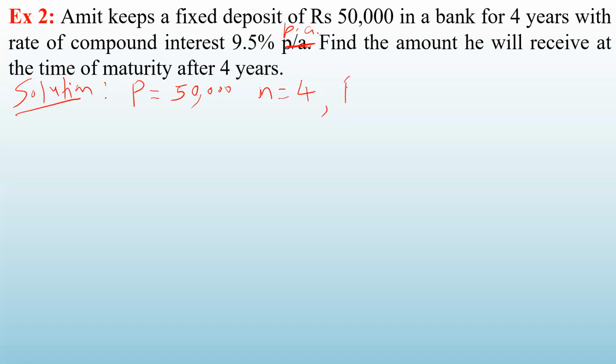And what is the rate of interest R? It is 9.5% per annum. What you have to find out? Find the amount he will receive at the time of maturity after 4 years.